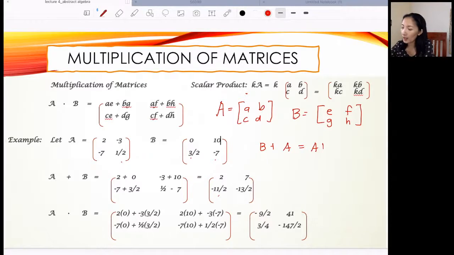But the question is, is A times B equal to B times A? Will it give the same answer? Now let's show a counter example.